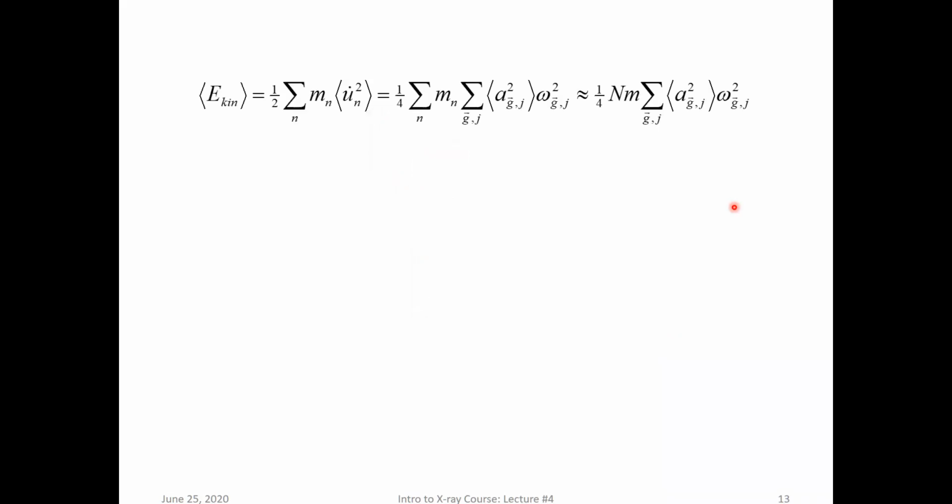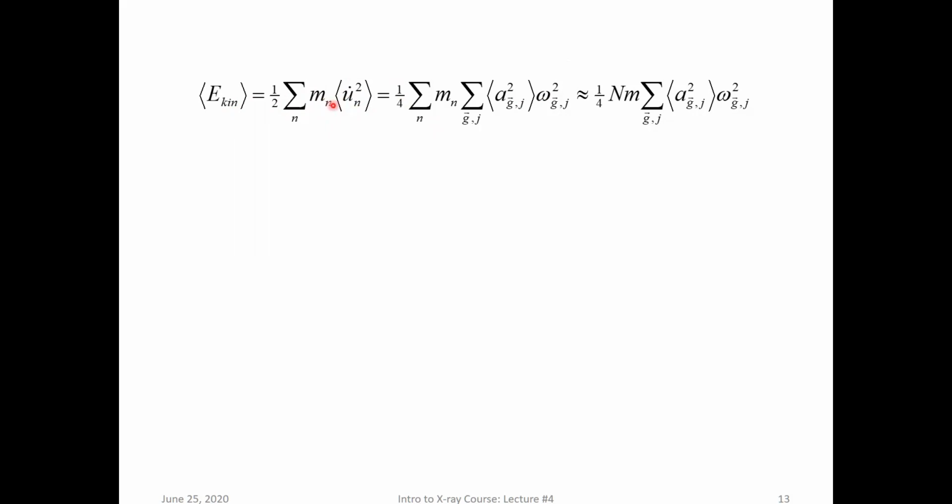We can get an idea of the amplitude of these peaks by using some very simple arguments. The average kinetic energy in the sample is just these vibrational energies, u squared times m. So here's a half m v squared, and I have to add this up for every single atom. I can get from my original discussion, thinking of these u's as plane waves, that they all had omegas with them.